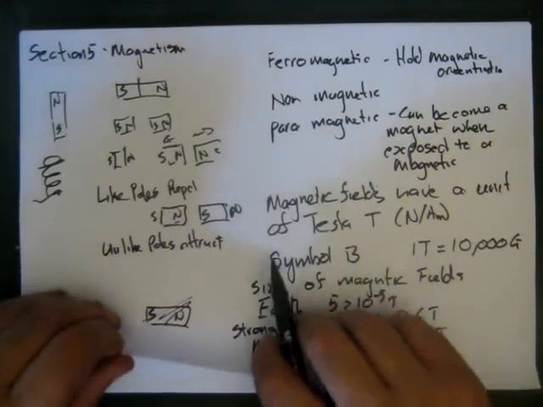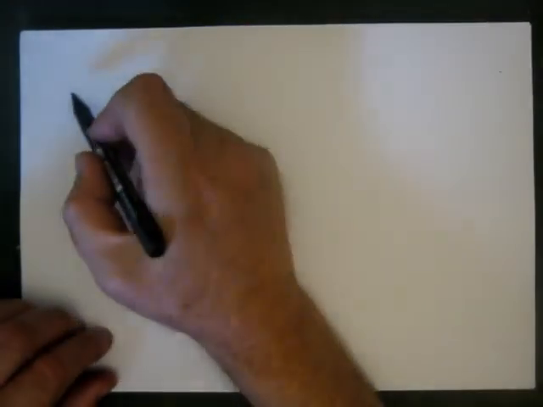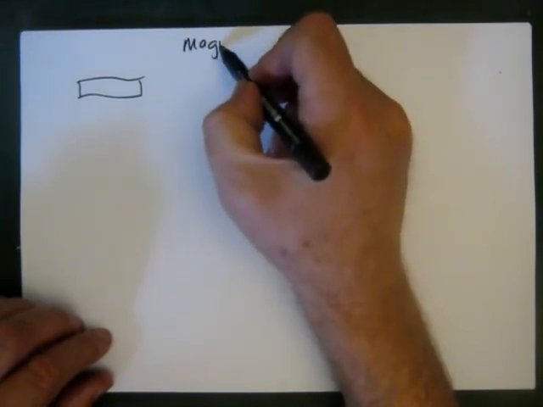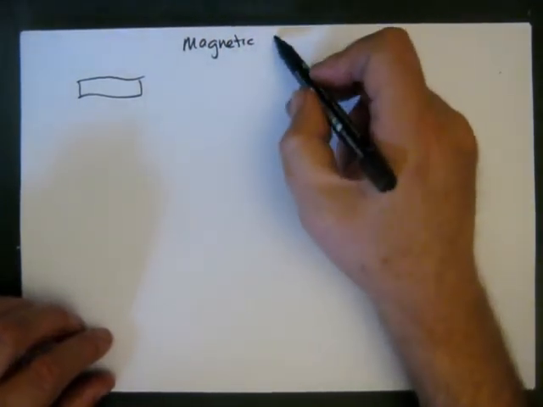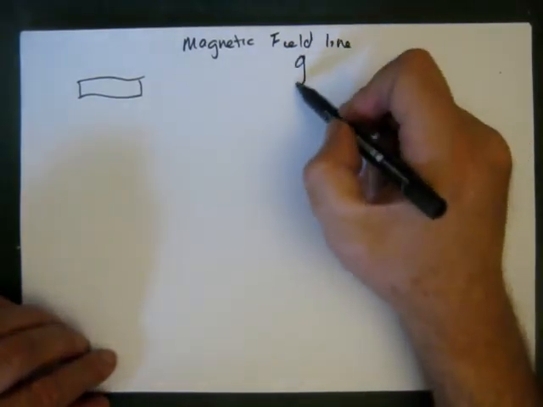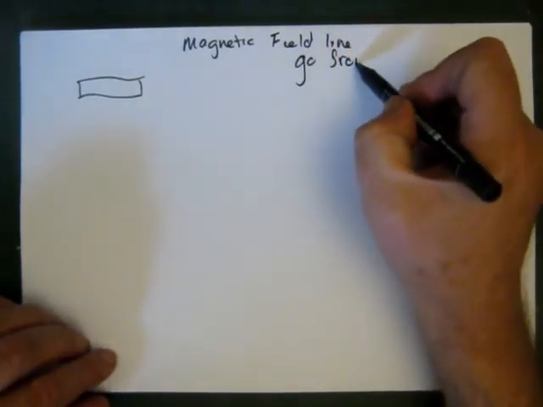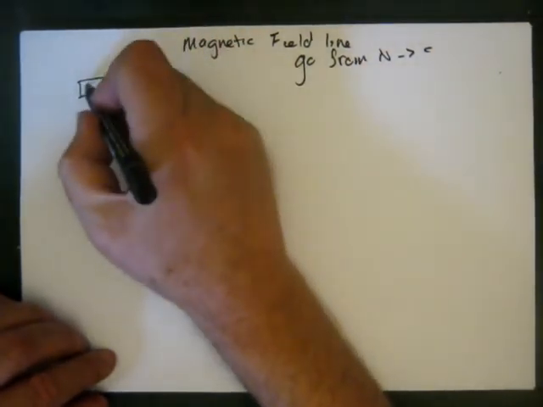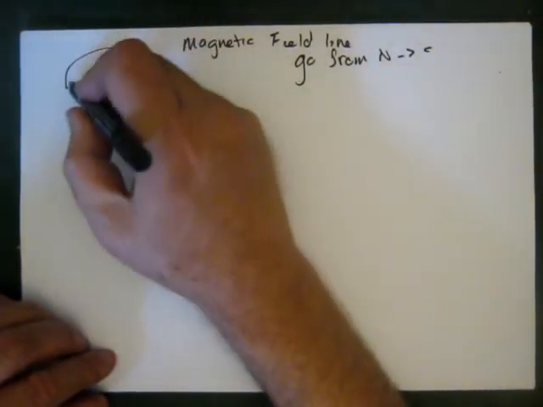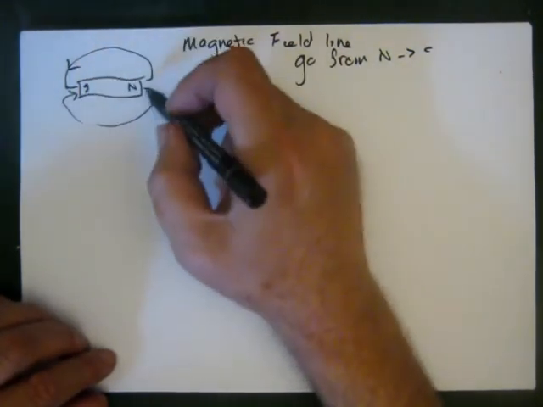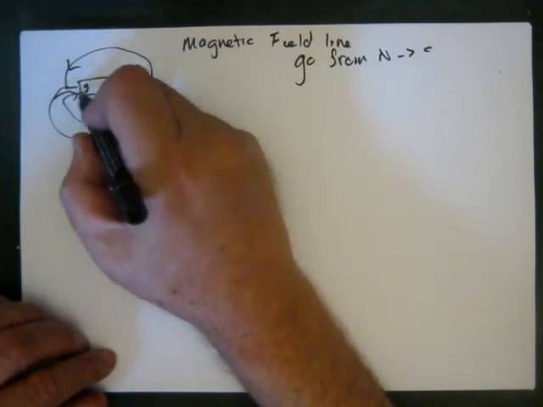So when we draw magnetic field lines, they are pretty much the same as electric field lines. They go from north to south. If this is the north and this is the south, the field lines will go around in a loop. They start at the north, and they never cross.